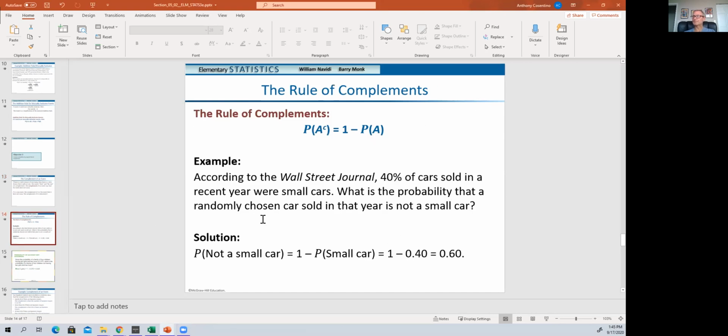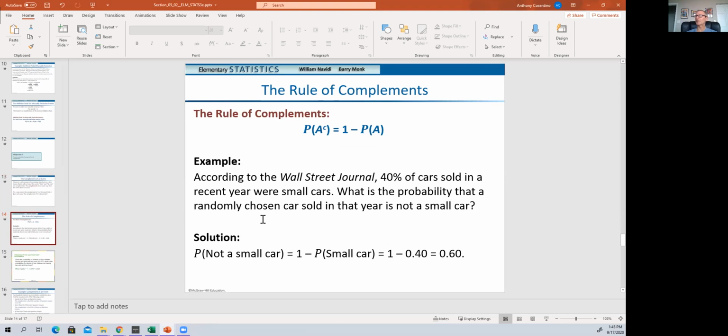So here's the rule: calculating the probability of the complement is one way to do it. It's 1 minus the probability of the original event. Let me go through a couple examples, and I did one with the dice, right? According to Wall Street, 40% of the cars sold in recent years were small cars.